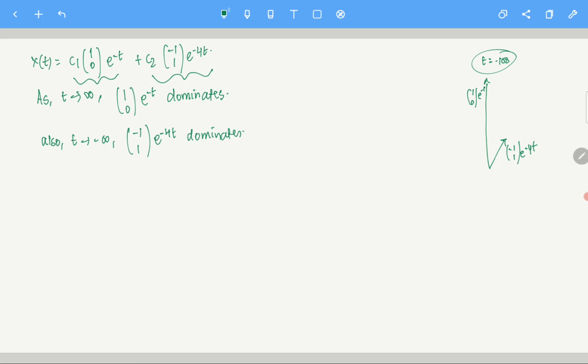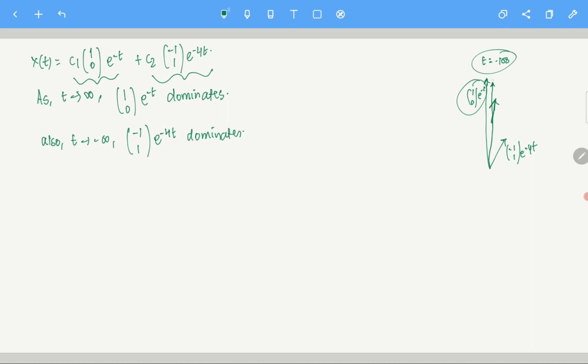Now you do realize that there will be a huge difference between e^(-t) and e^(-4t), right? And the sum of those two, because we are doing the sum of those two, will be very near to this, right? Not as big as this, but something like this. So as t moves towards infinity, this term dominates.